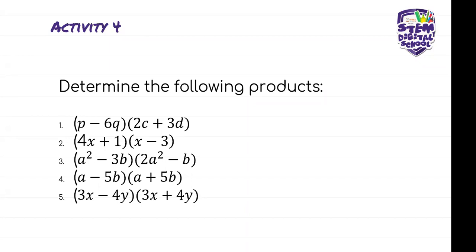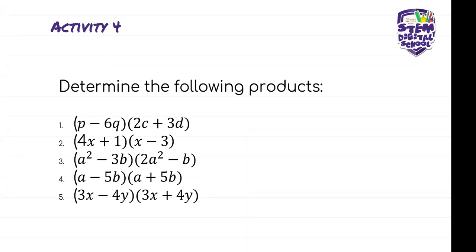So you are multiplying a binomial by a binomial. We have done this in the past. What we need to do now is just to revise. I want you to multiply the first binomial. The first one is P minus 6Q plus 2C plus 3D.